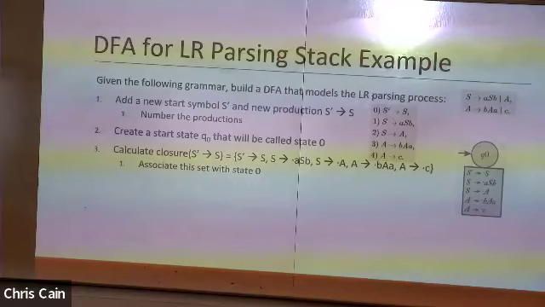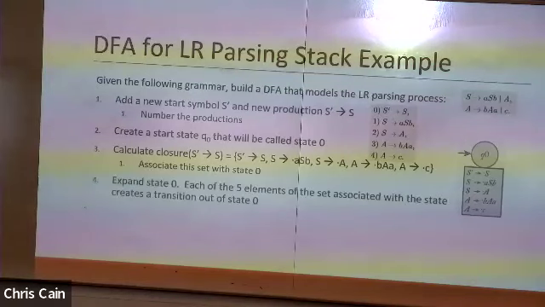We then add each one of these productions to the queue. Each one of these is going to define some kind of transition out of this state 0.